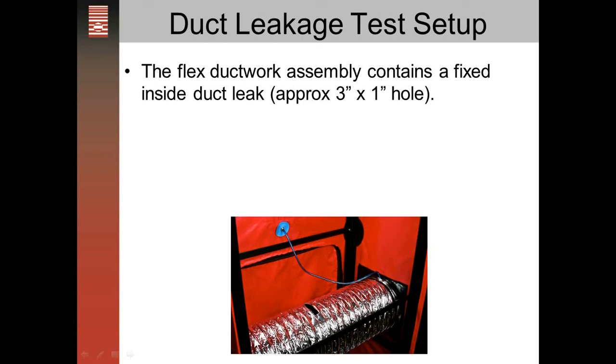And again, you want to make sure that this hose connection is on the opposite side of the white attachment plate, because this is a more stable area to measure pressure in the ductwork, on the side opposite where the Duct Blaster fan is attached.